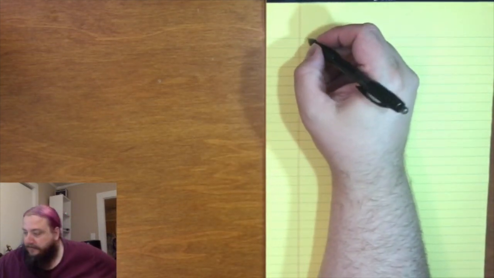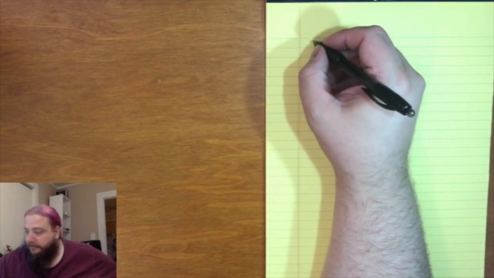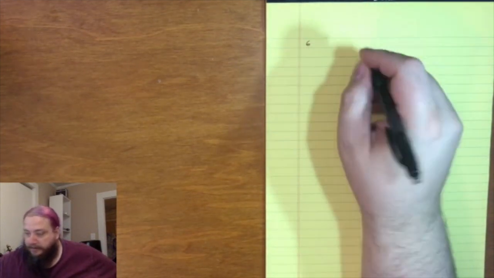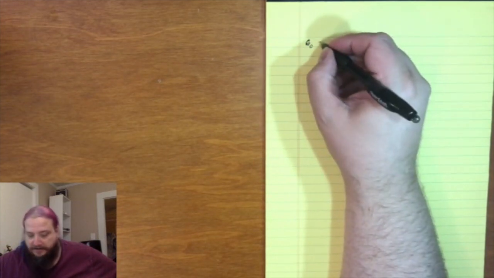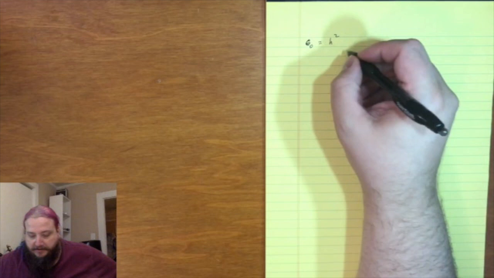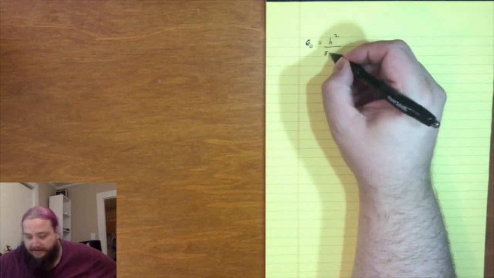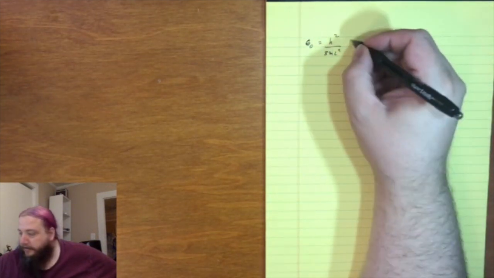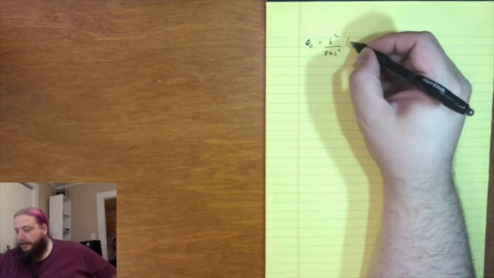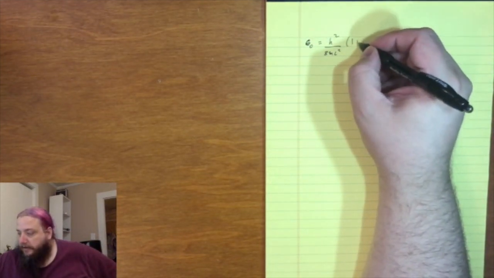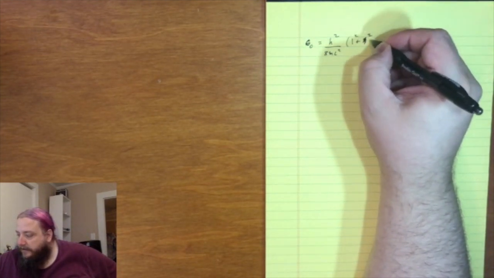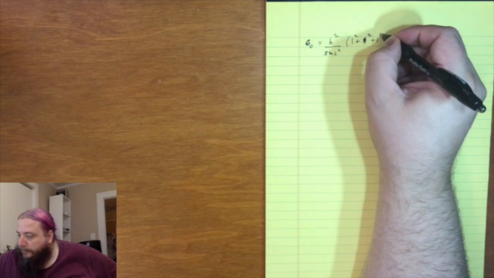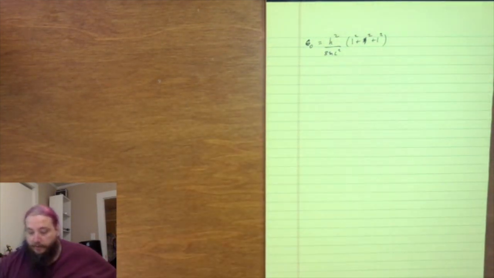So for atoms in a box, the energy of the ground state can be written E naught is Planck's constant squared over 8mL squared times the sum of nx, ny, and nz, all of which are 1 squared.